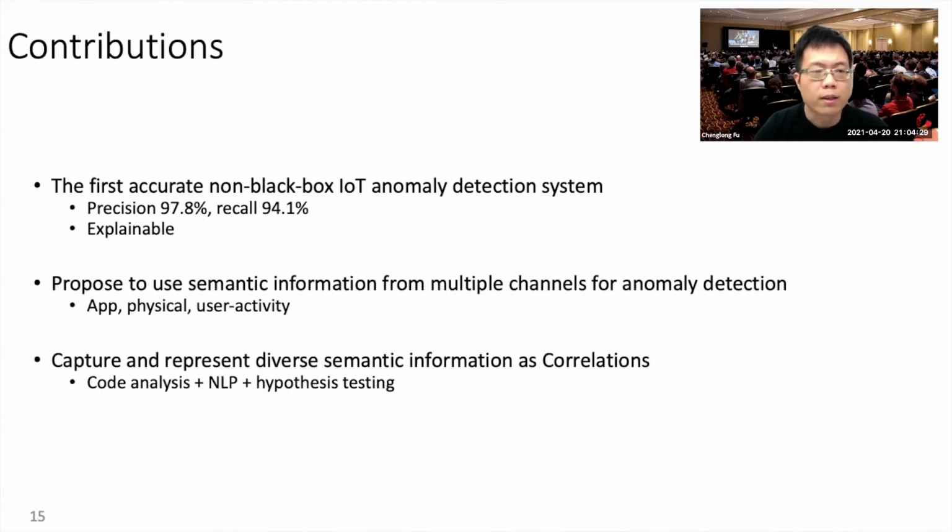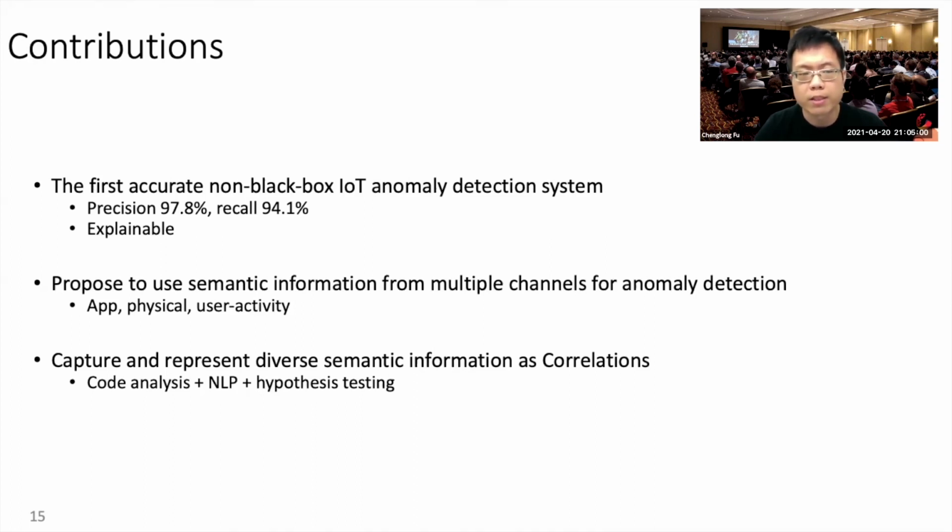In summary, we are the first to propose an accurate and non-black box IoT anomaly detection system that has a satisfying performance of precision higher than 97% and recall higher than 94%. And both the system and the generated results are explainable. Then we propose to use semantic information from multiple channels for anomaly detection.